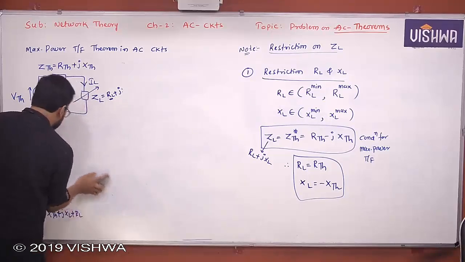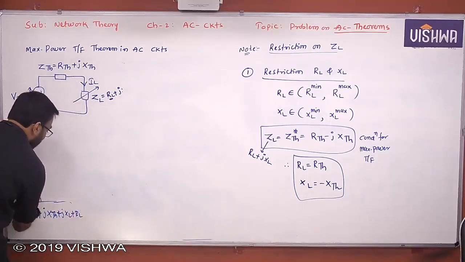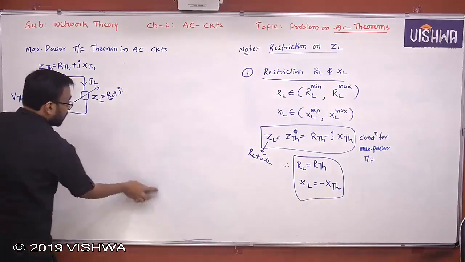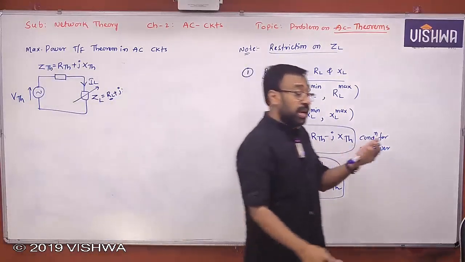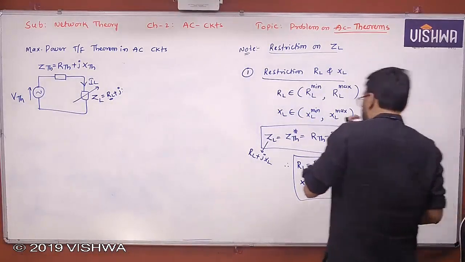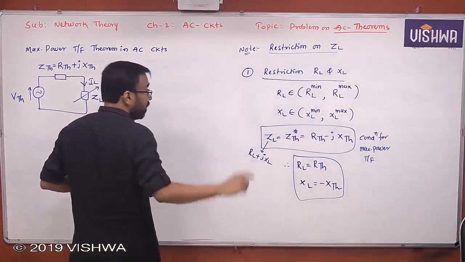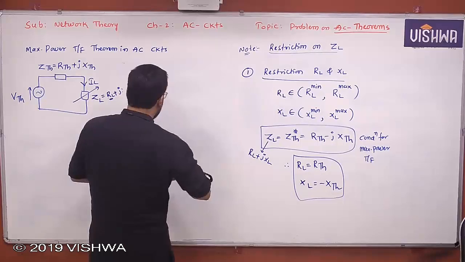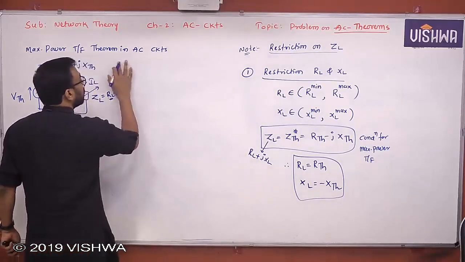Whenever conditions are given, there is a standard procedure in your entire engineering. In your entire engineering, there is a standard procedure whenever there is a restriction imposed on any particular variable. What is that? And remember, in this case, particularly, I fix first XL, based on which I fix RL. Okay, so let me just set that.